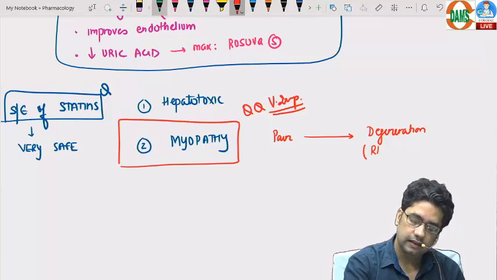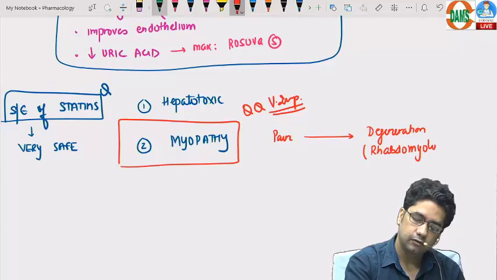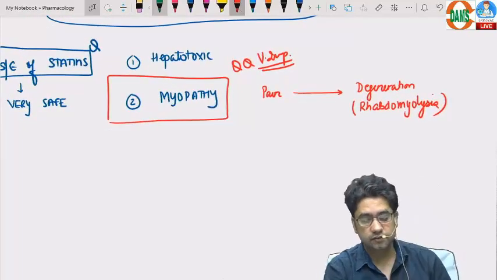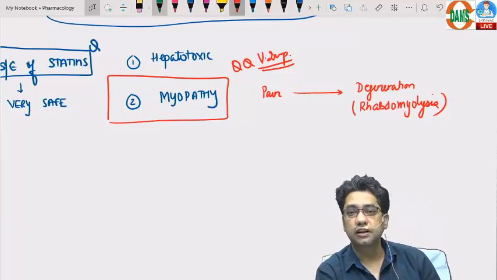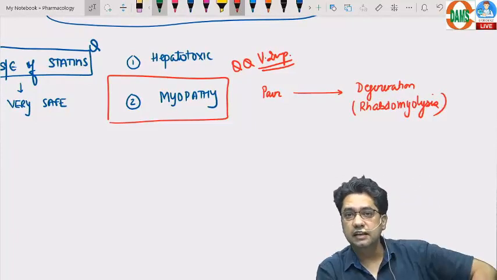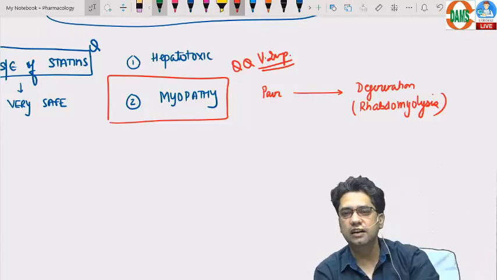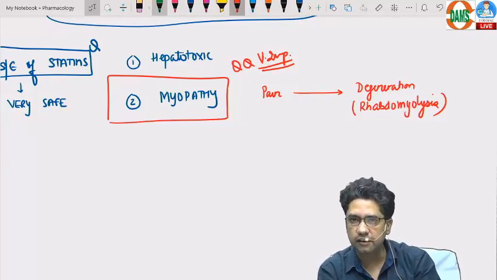Degeneration of skeletal muscle is known as rhabdomyolysis. It is a very, very dangerous condition. Patient can die in rhabdomyolysis. Why?